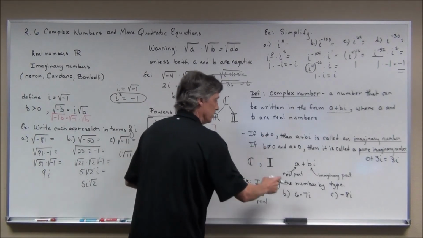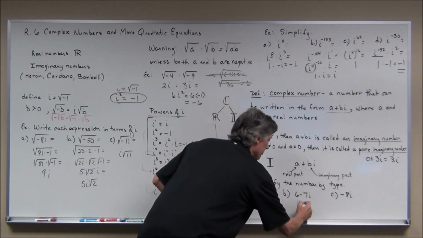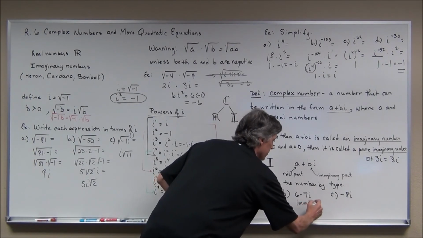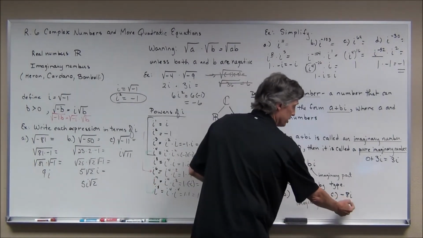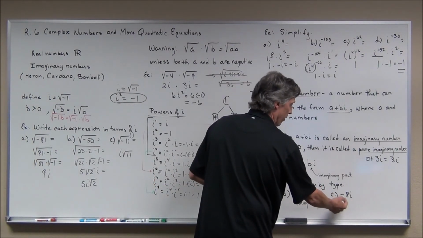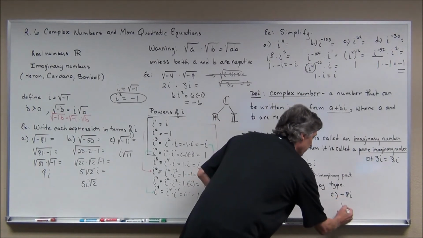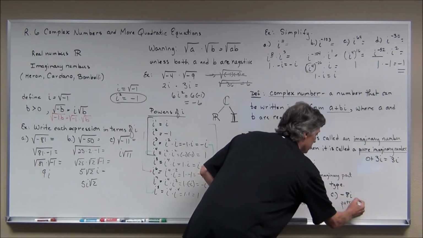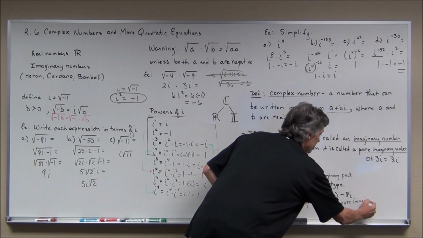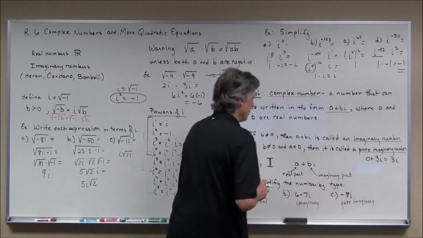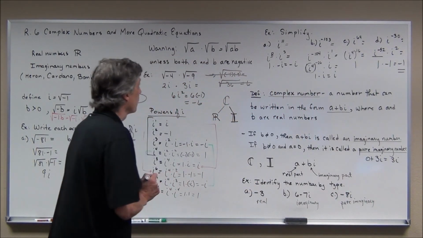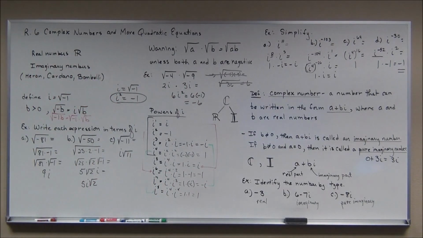So by definition, this is an imaginary number. This is also an imaginary number, but because the real part is 0, this is referred to as a pure imaginary number. So what we want to be able to do with this is perform operations involving imaginary numbers.